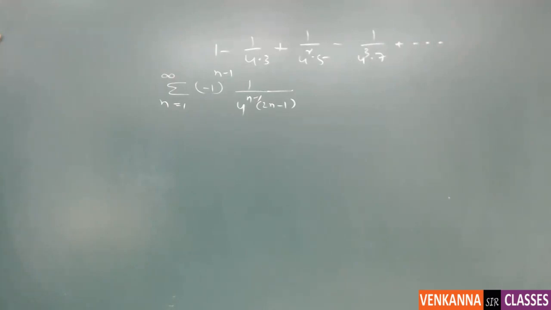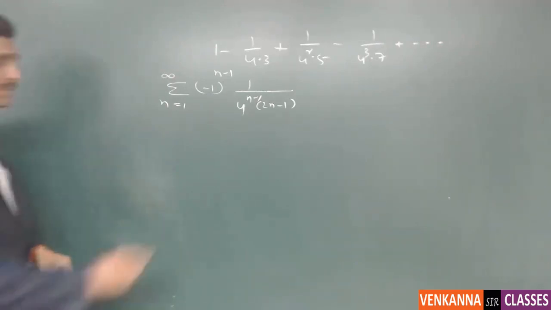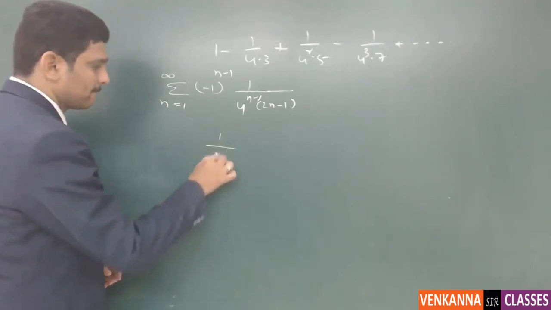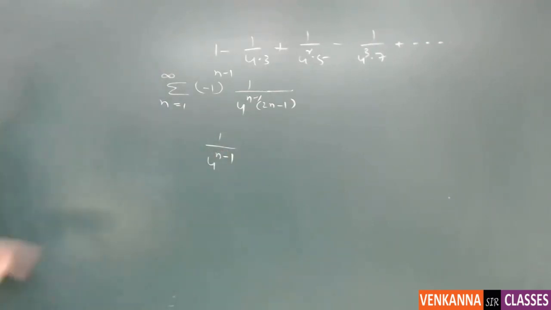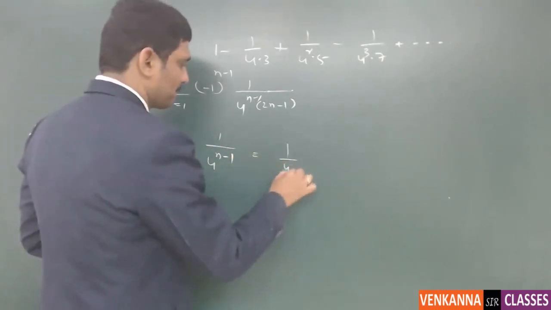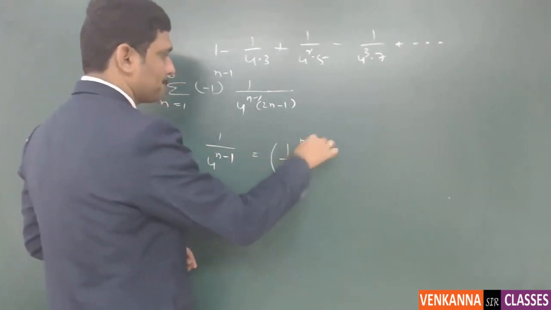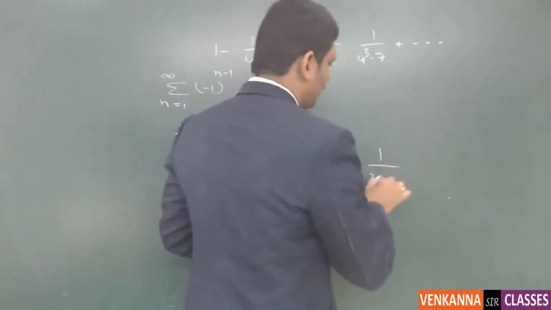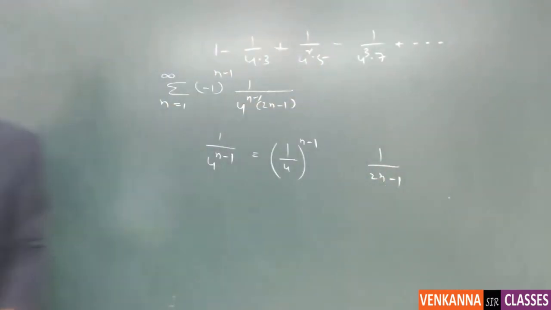Now, here the two series I am taking are: 1 by 4 power n minus 1 is one series, and the other one is 1 by 2n minus 1. Now, what about the plus or minus symbol there? Whether I need to consider it or not.